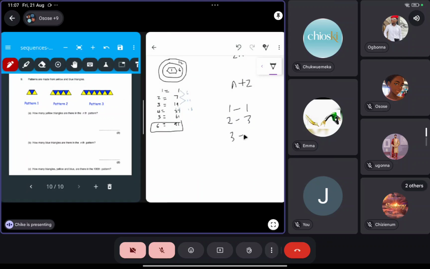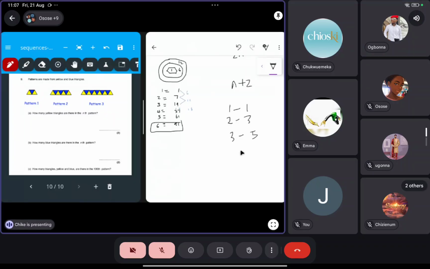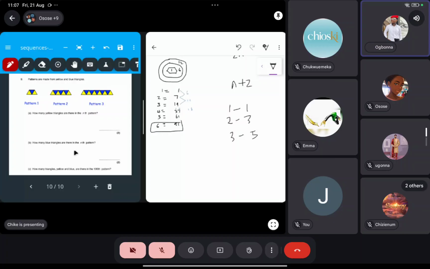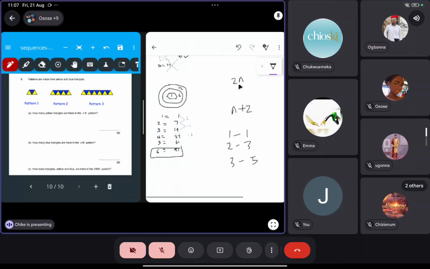We have 5 blues. That is odd numbers. But we have to give a formula for it. Just like this one, we give 2n. It works for the yellow. So how do we get a formula for the nth pattern of the blue?